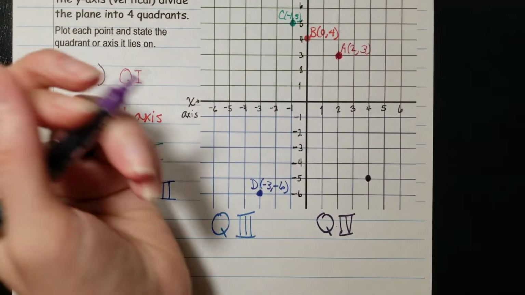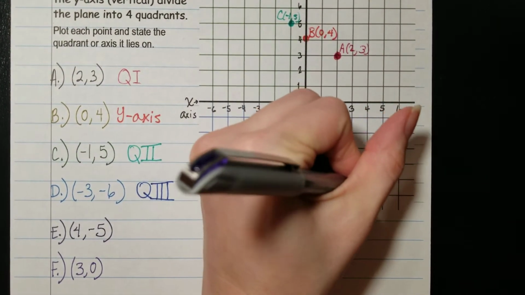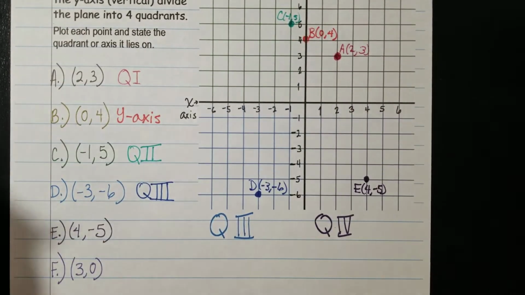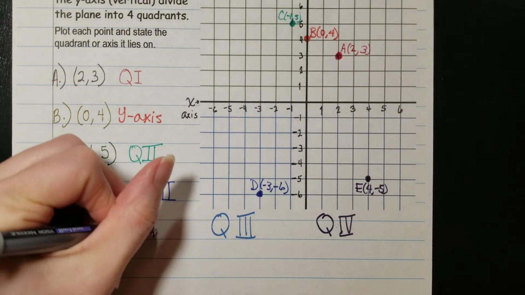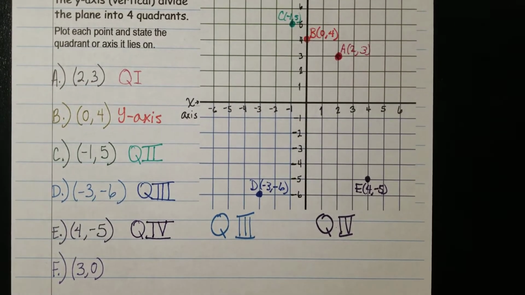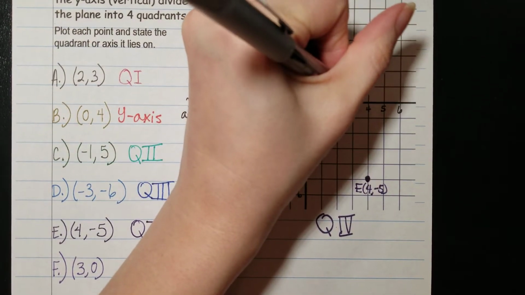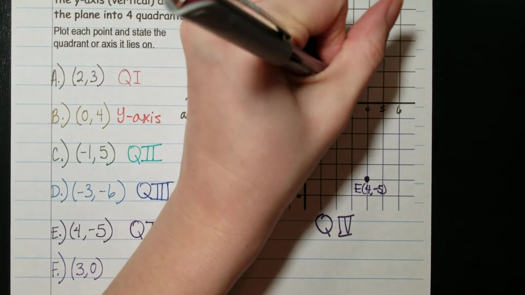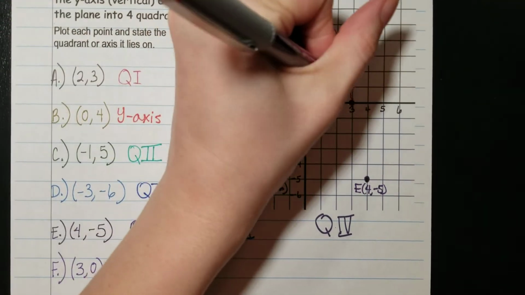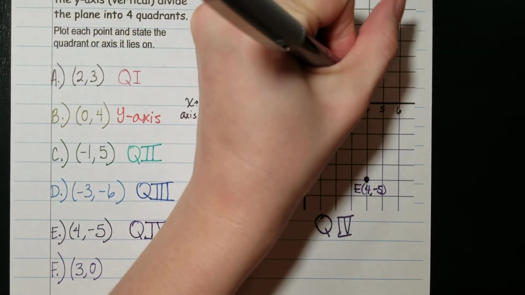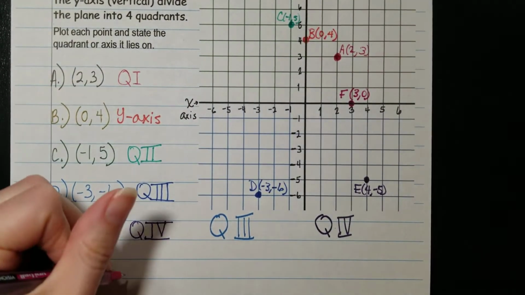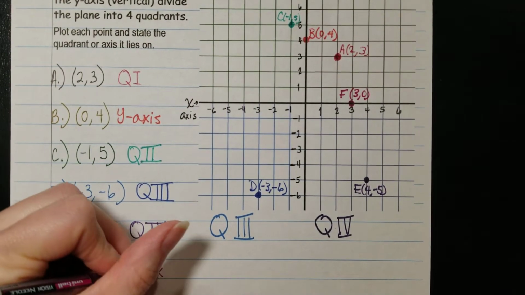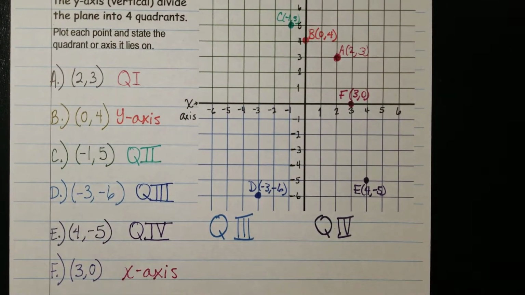Right there. And that's in quadrant 4. And then point F, 3, 0. That's going to be right there on the x-axis.